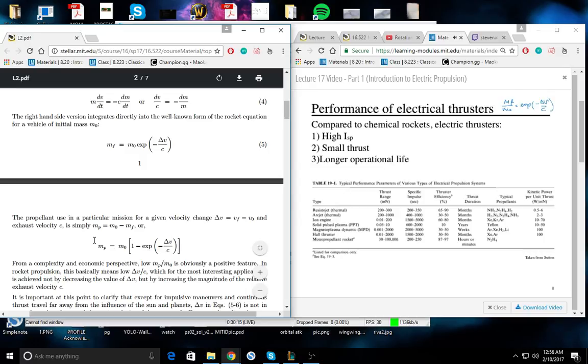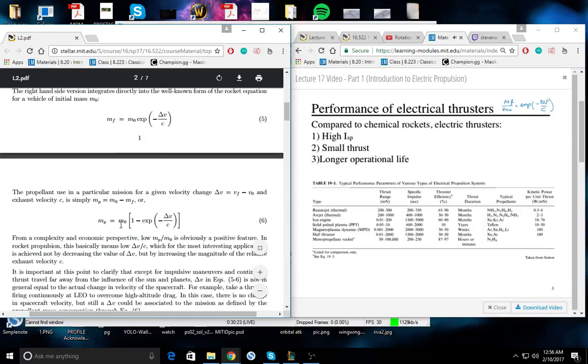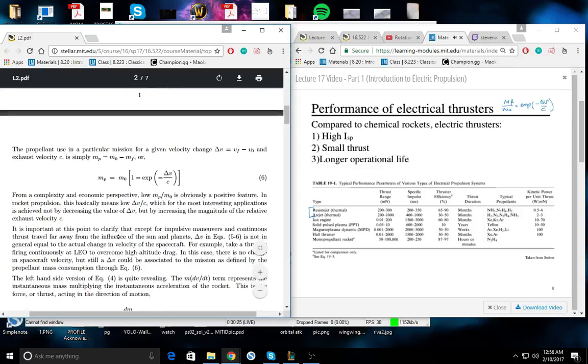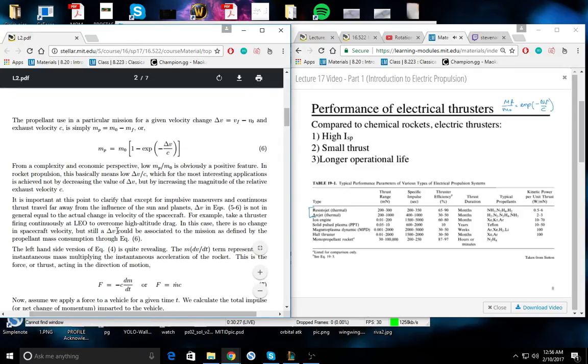So in this table here, which is a little bit dated, I'm sorry for that, we have different types of rockets and their typical performance parameters. The first two rockets are thermal non-chemical. The resistojet is when we heat up the gas using electrical resistors. The arc jet is similar in concept, but now instead of an electrical resistance, we have an electrical arc.